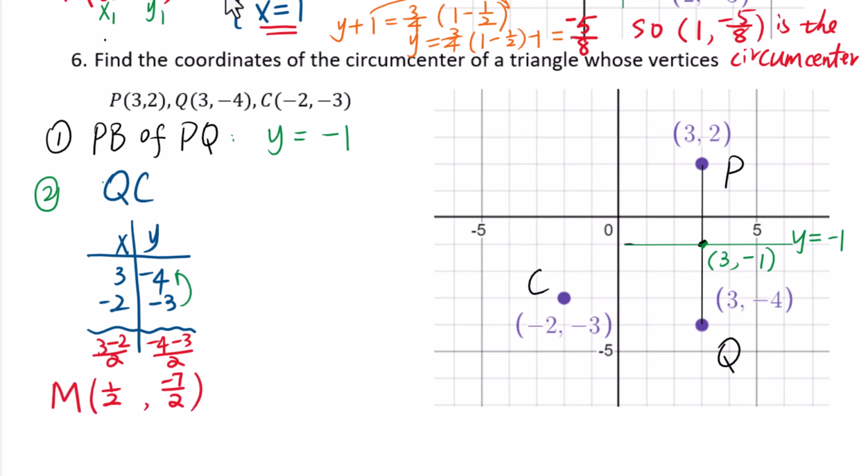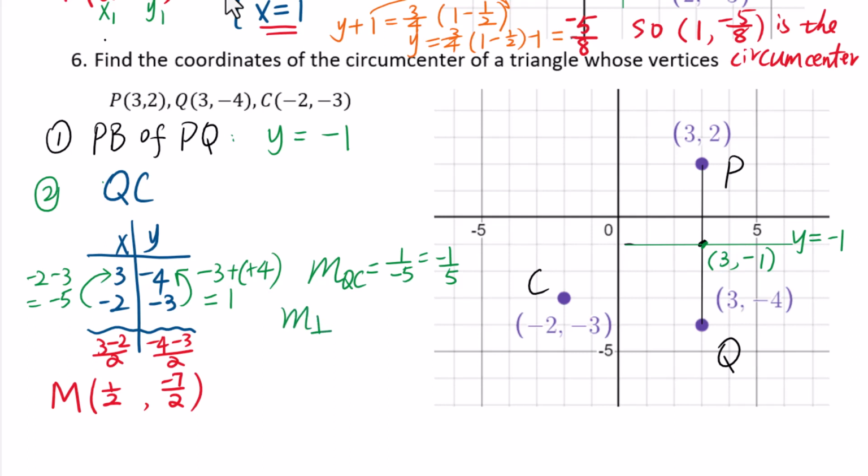The slope of QC: -3 minus -4 equals 1. -2 minus 3 equals -5. So the slope of QC equals 1 over -5 equals -1 over 5.